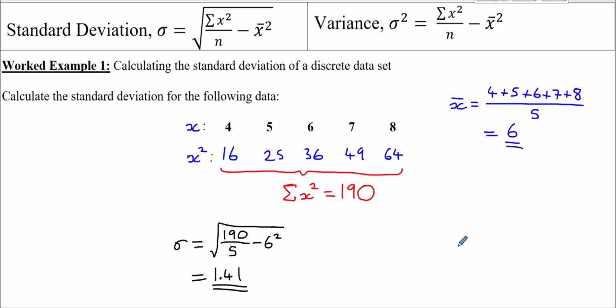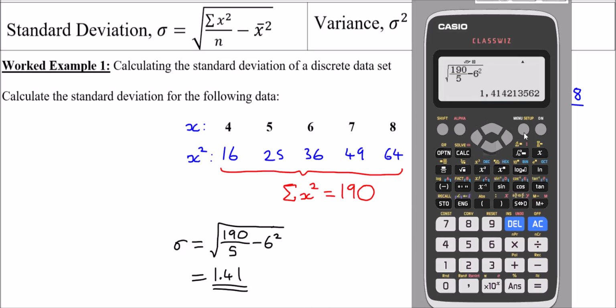I'm now going to show you the calculator method for doing this. Get the calculator, menu, go to option 6, one variable, so type in 1 for one variable calculation, and type in the values one by one. So 4 equals 5 equals 6 equals 7 equals and 8 equals.